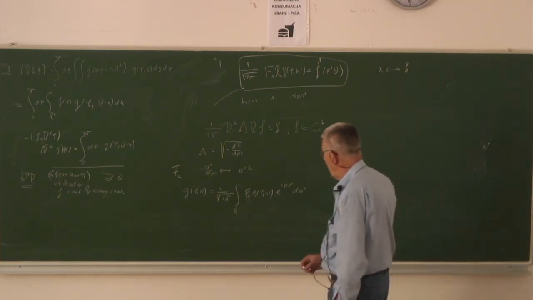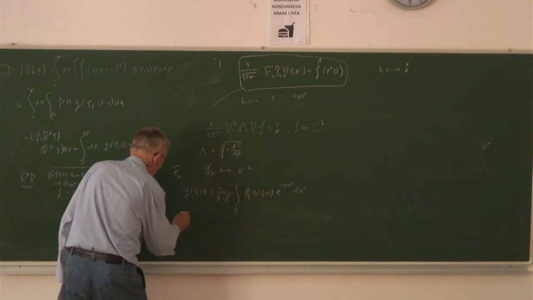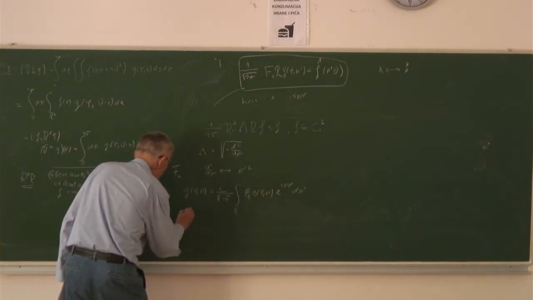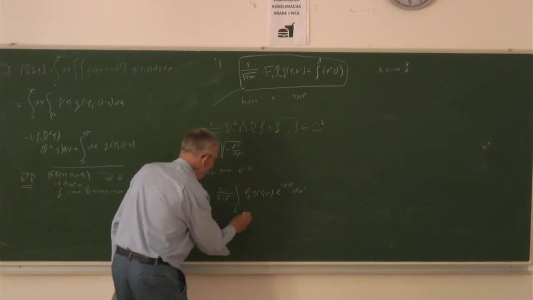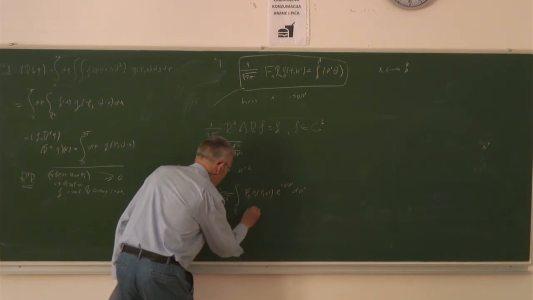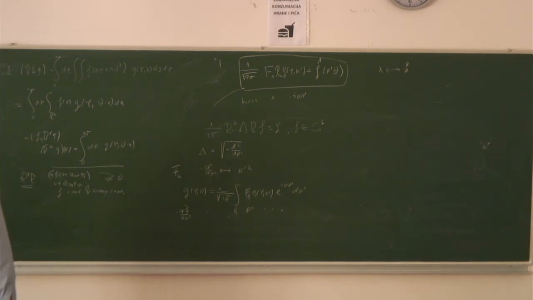So now, what is minus d squared over dp squared applied to g? It's the same thing, but only p squared times this. We just differentiate twice.